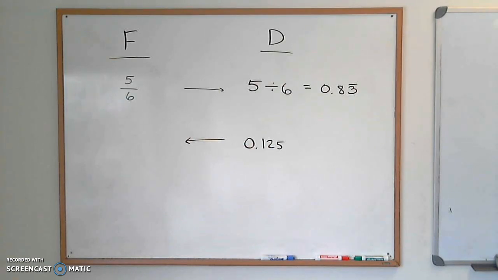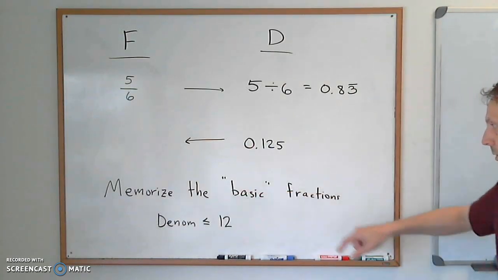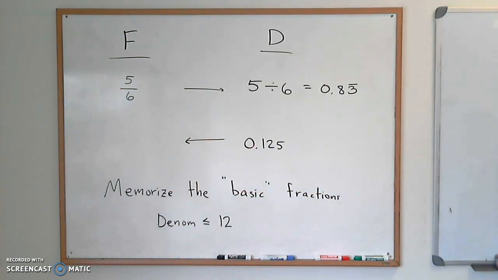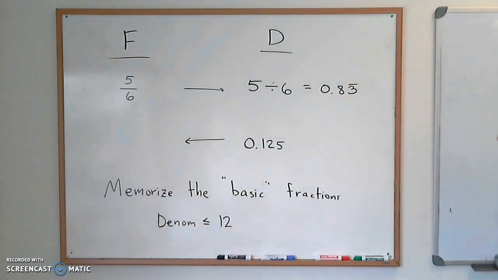Now, I'm going to give you another recommendation. I know this one is much more challenging, but another recommendation to you is to do some memorizing. I recommend that if you're up to the task, you work on memorizing the conversions for the basic fractions, meaning those with a denominator up to 12. Since this denominator is less than 12, I would consider that a basic fraction.